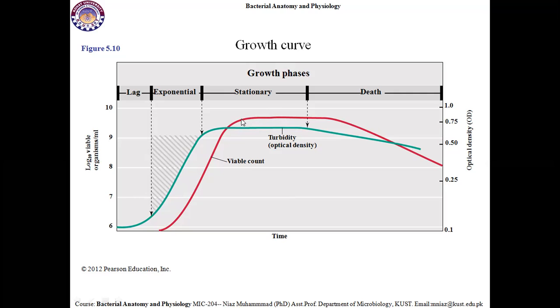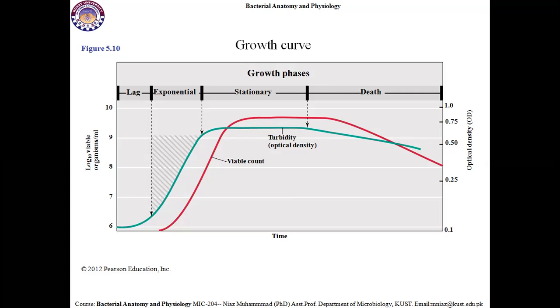Therefore, cells went into stress and they stopped further proliferation at this stage. So this phase is called stationary phase. After stationary phase, when nutrient concentration is reducing constantly and waste material concentration is increasing rapidly, microbial cells are going to die. This is called death phase or decline phase.